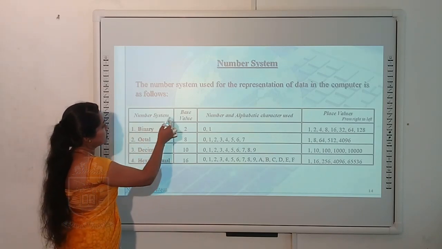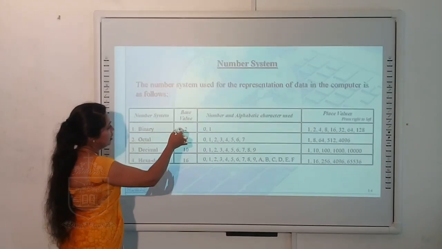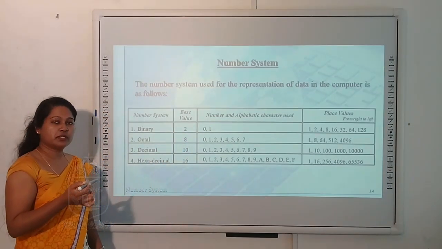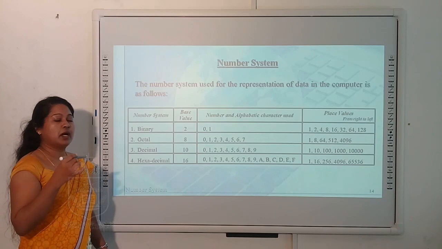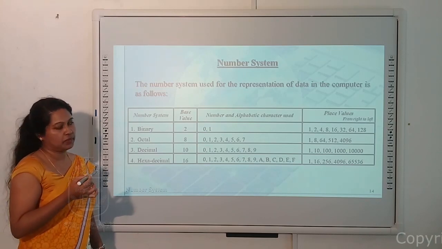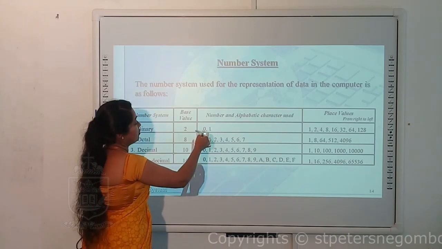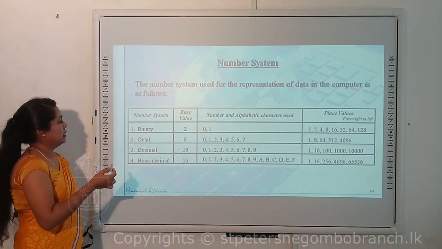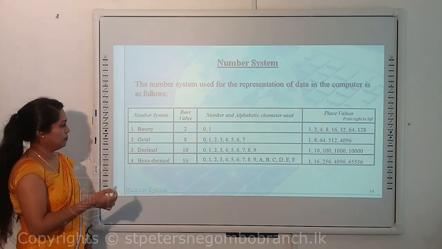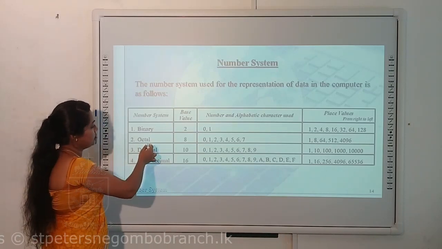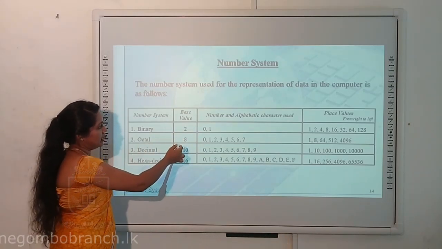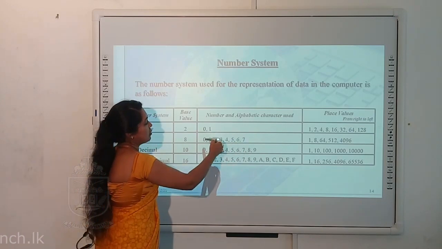Then the binary number system, here this is the base. Base value means the number of digits used in the number system, right? Here 0 and 1 are the binary digits. Then the octal number system, base value is 8, digits 0 to 7.